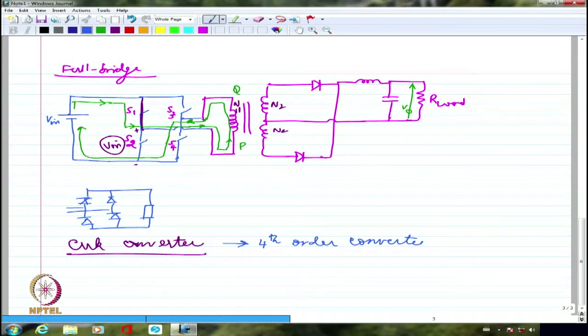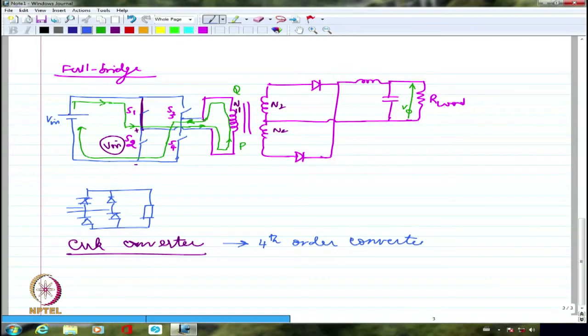So even if we write the differential equation, maximum it will be a second order differential equation. Nothing more than that, normally. So that is the reason why all those fundamental converters we discussed, buck, boost and buck boost, are second order converters, whereas this will have two inductances and two capacitances, because of which we call this a fourth order converter, right?